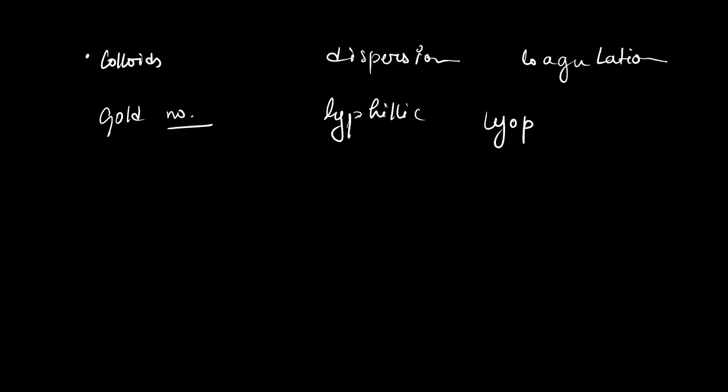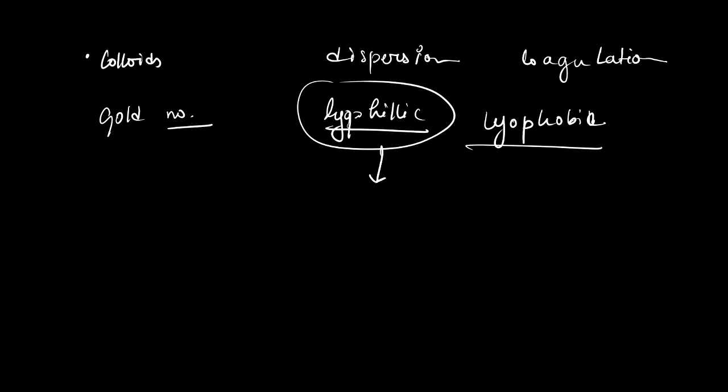From the terms we can get the idea. Whenever we have a solvent, the particles can be solvent loving, that will be lyophilic, and the particles can be solvent hating, that will be lyophobic. So as the particles are solvent loving, it is a lyophilic colloid.